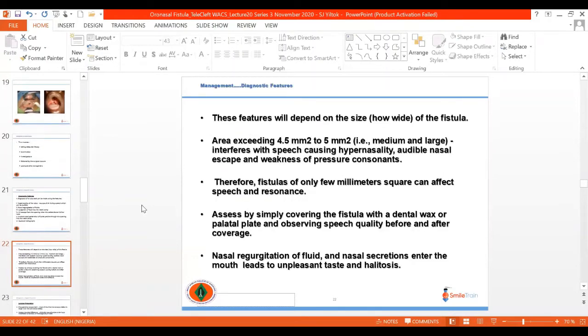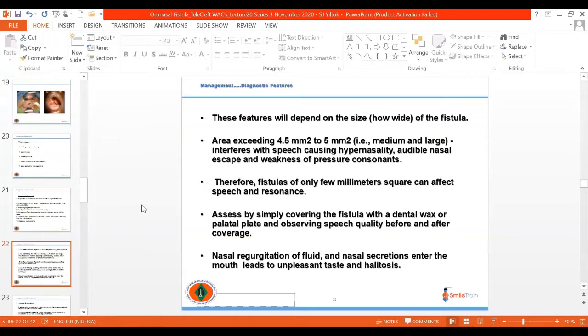So, depending on the features, we find that the openings vary. If the area exceeds 4.5 to 5 millimeters, like I said earlier, they tend to interfere with speech, causing nasal hypernasality, audible nasal air escape, and weakness in the pressure consonants, those hard consonants like B, D, T, G. In pronouncing words with such letters, it tends to be very obvious.